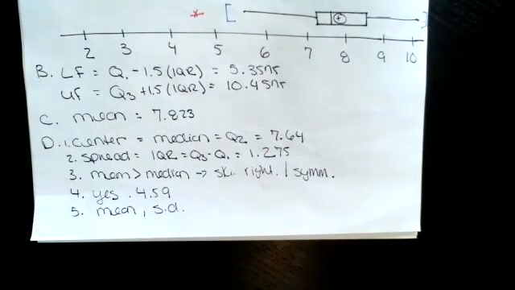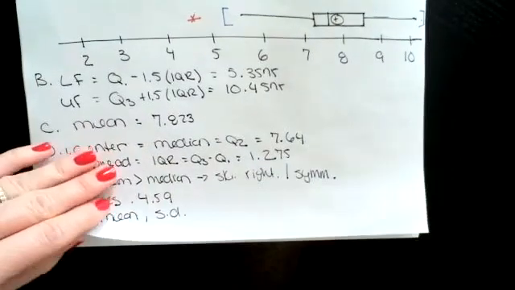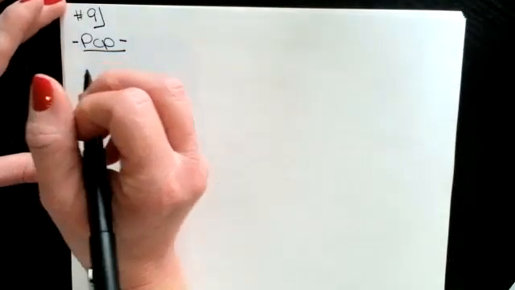Let's see, one more, which is number 9. Another hypothesis test. So number 9, I'll try to move quickly through this one, not take too long. So we're studying elementary school kids and how much time they spend playing video games.